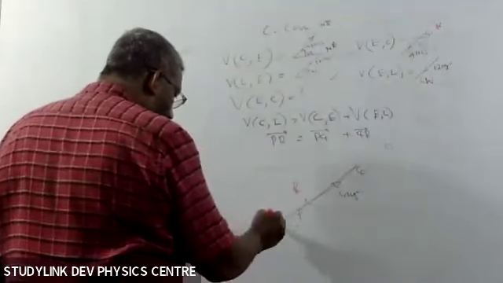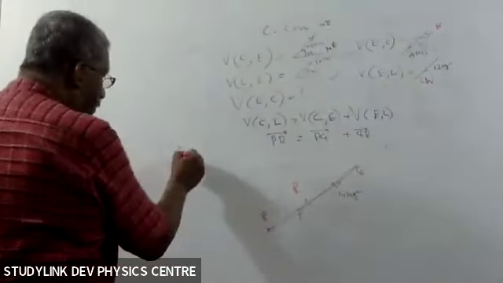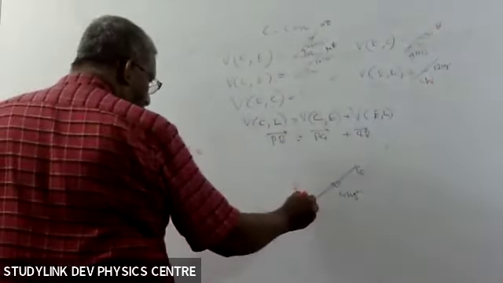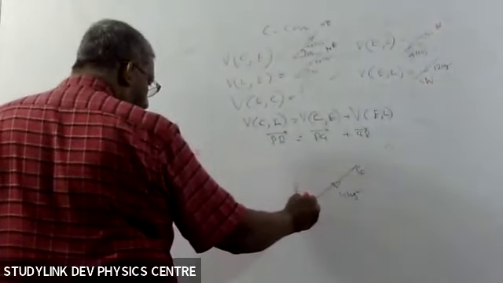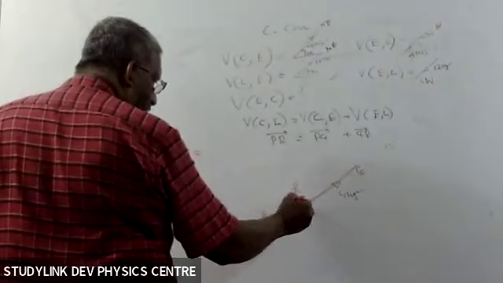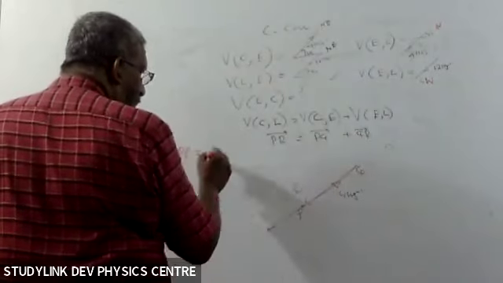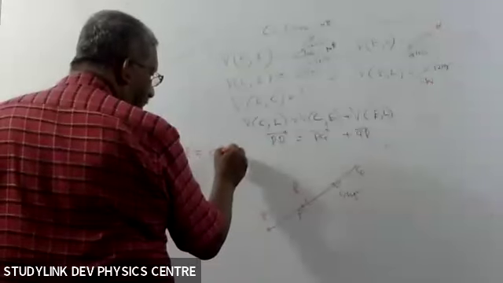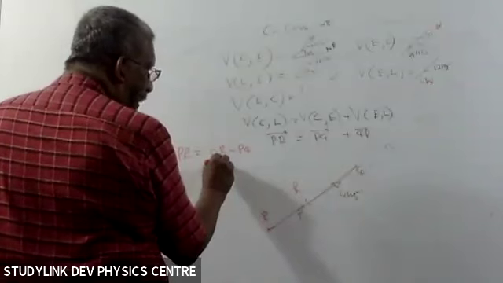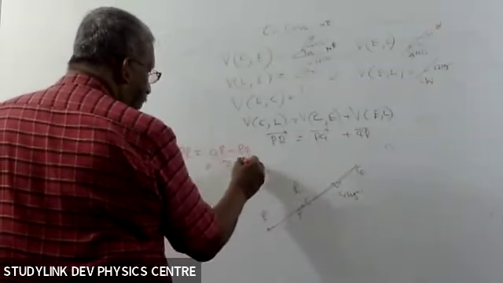That is R. Then PR is equal to QR minus PQ, 12 minus 4.